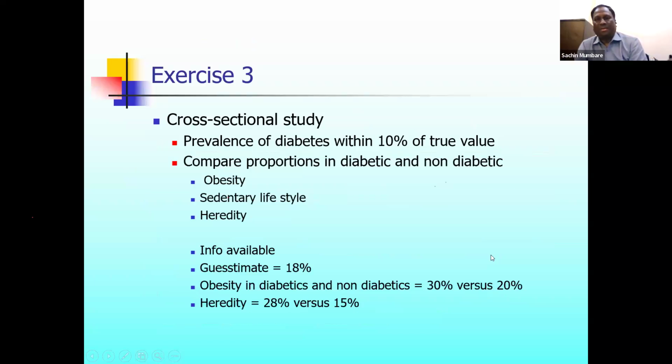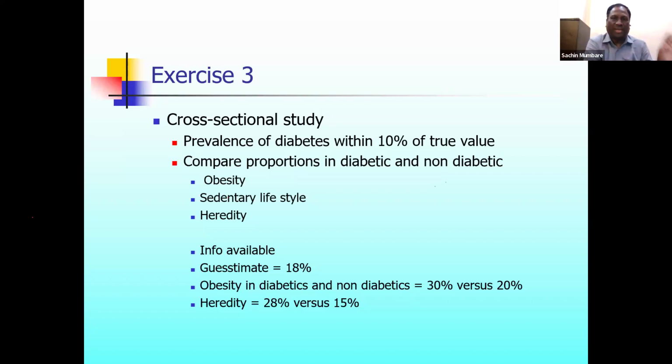Now, your study is a cross-sectional study. In this study, you want to find out how much is the prevalence of diabetes within 10% of true value in the population. And in that cross-sectional study, you will have some diabetics and some non-diabetic persons, and you will compare the proportions of obesity, sedentary lifestyle, and heredity within these 2 groups.